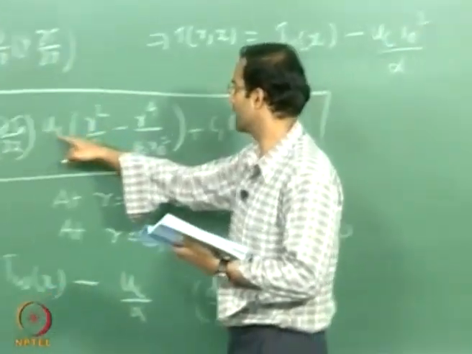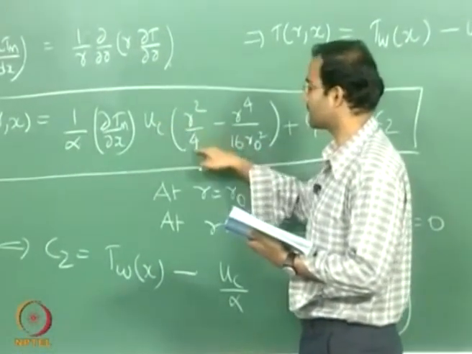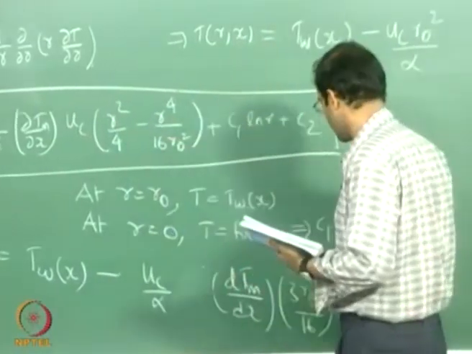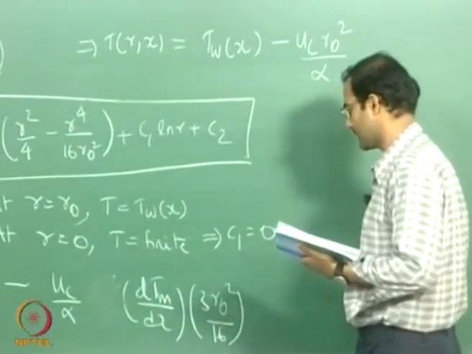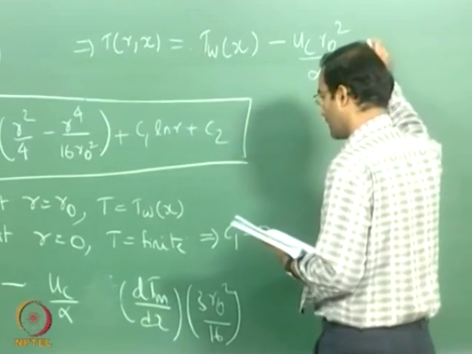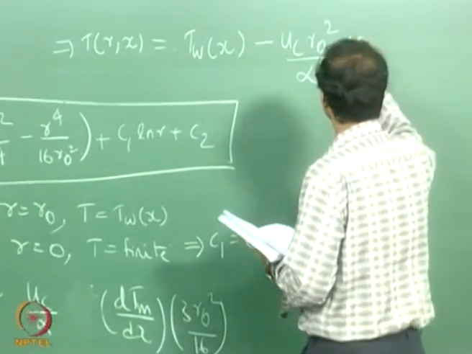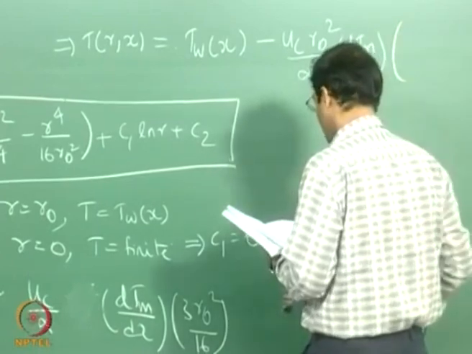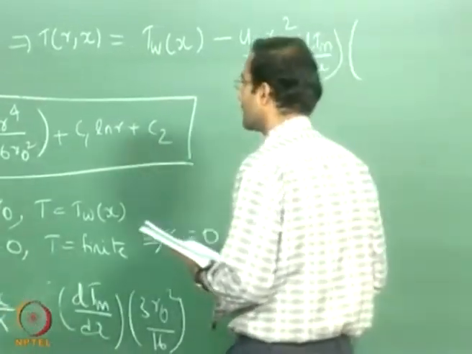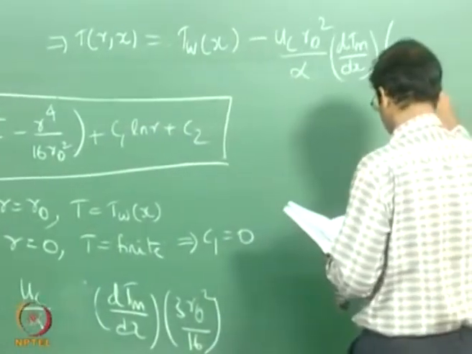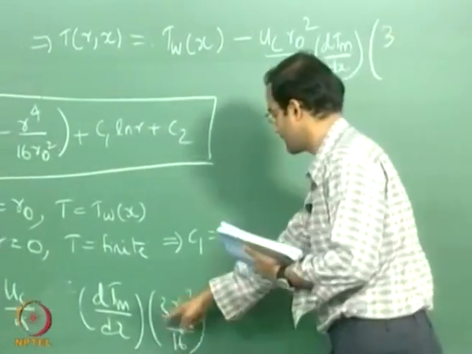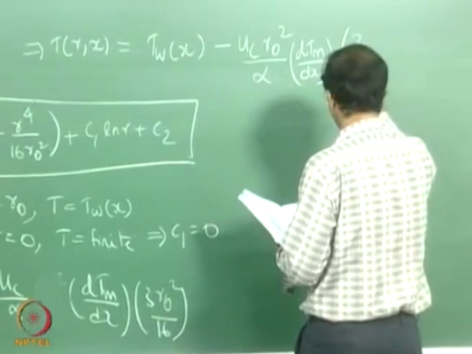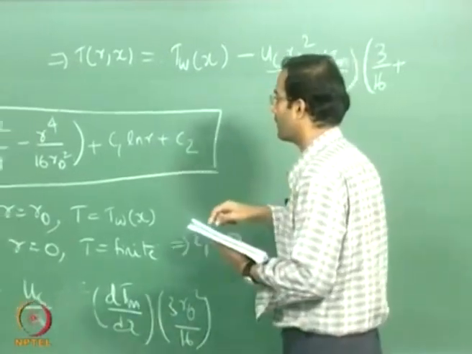So Uc, you can take out one r naught square so that everything can be expressed in non-dimensional form, and r naught square also is here, into dTm by dx, that is also common. So this will be left with 3 by 16, which is this, plus you have 1 by 16.